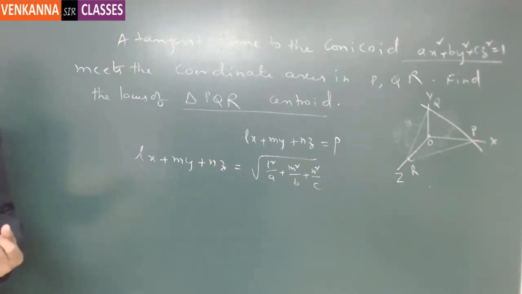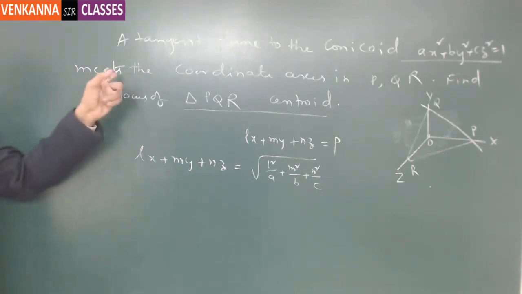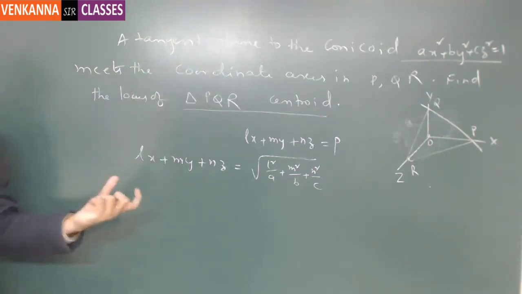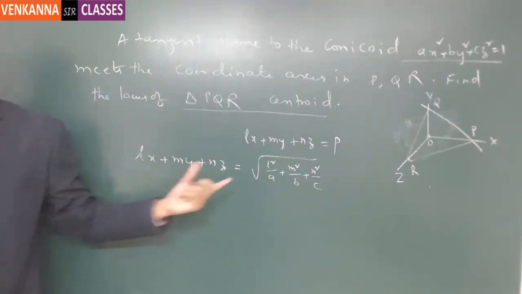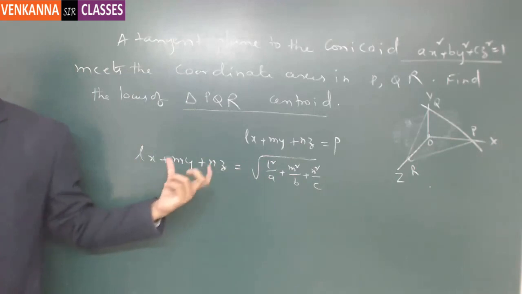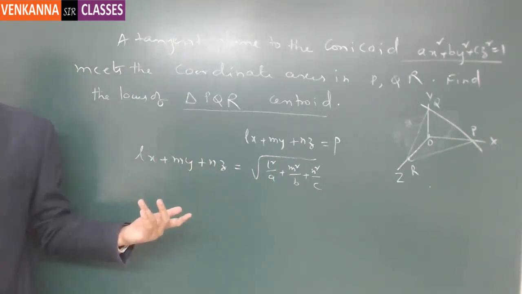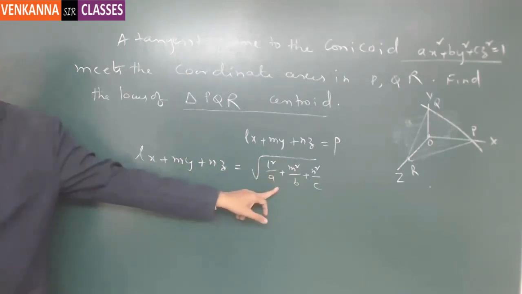Okay. Now what is it doing? It is intersecting the coordinate axes. So we have to convert this plane into intercept form. How do we do it? You have to divide by the constant.